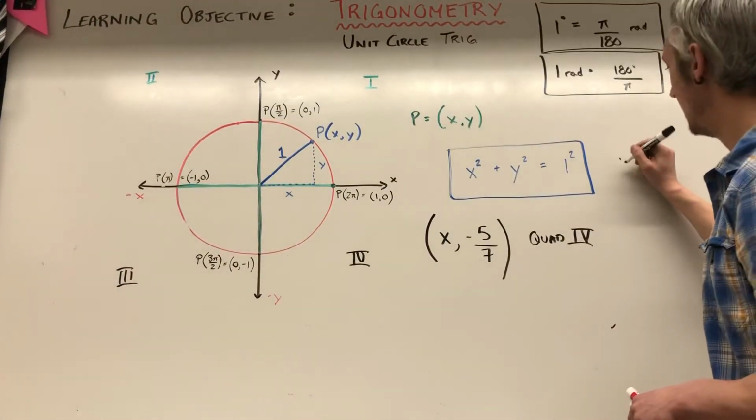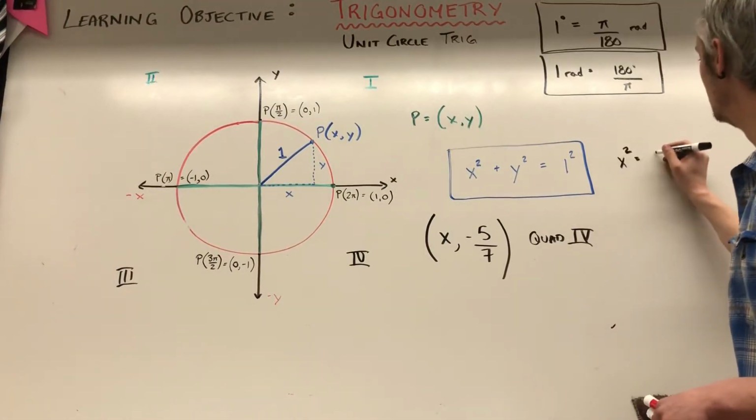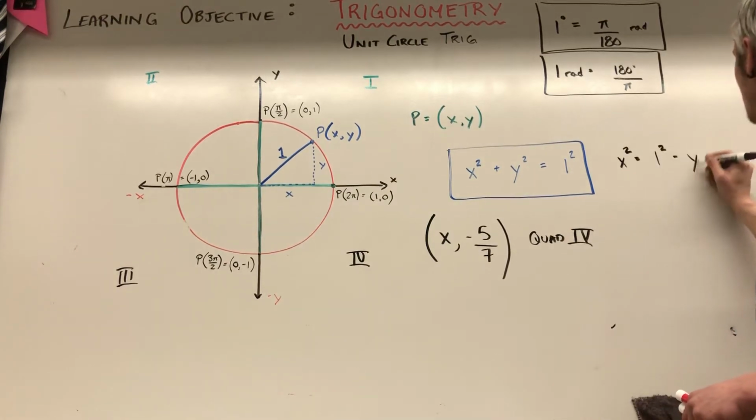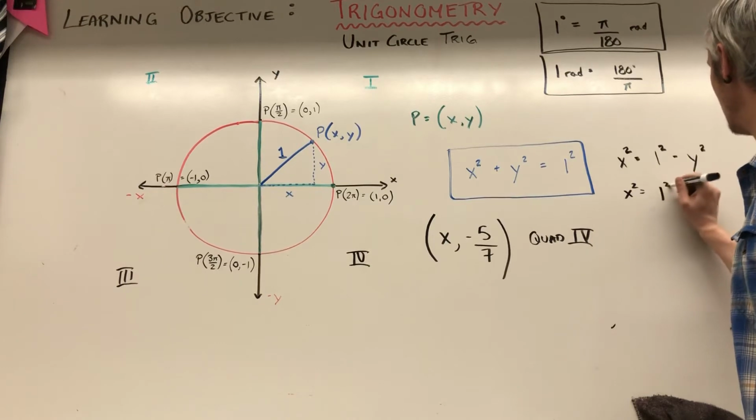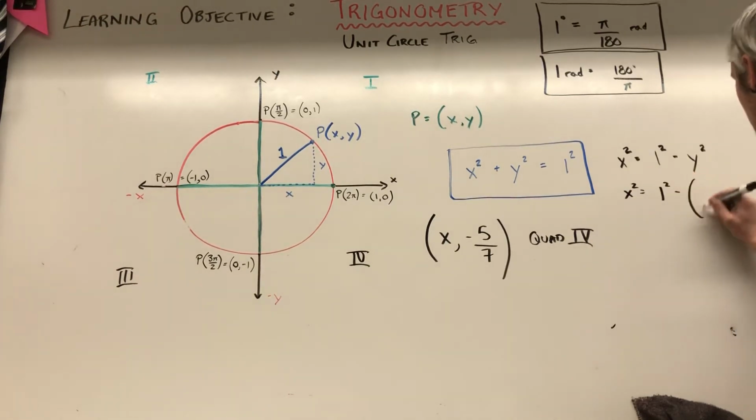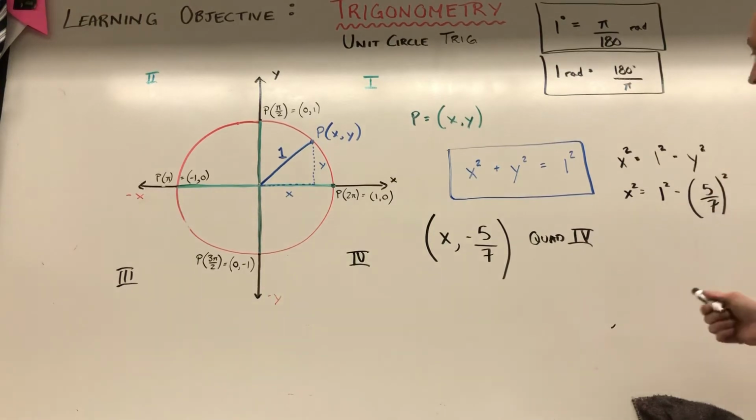I get x squared is equal to 1 squared minus y squared. X squared is equal to 1 squared minus 5 over 7 squared. I can ignore the negative because it's going to disappear with the square anyways.